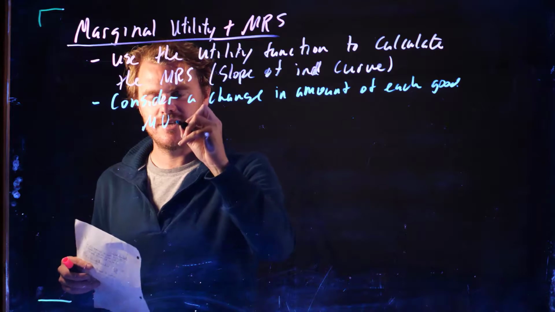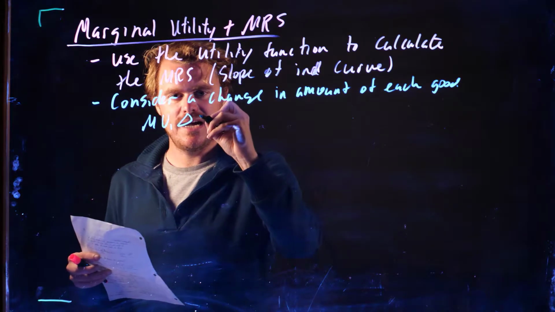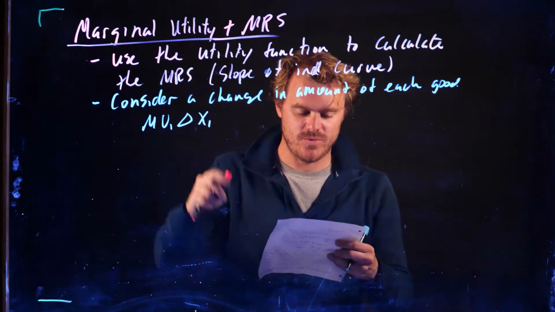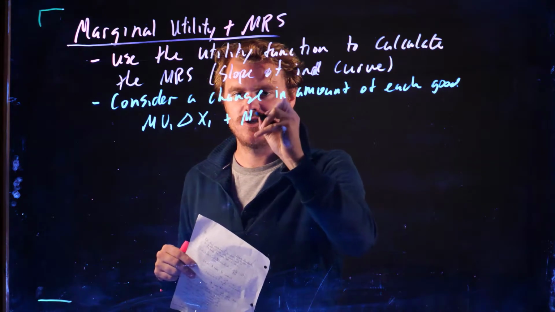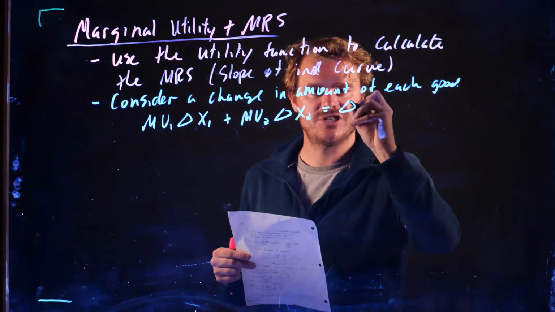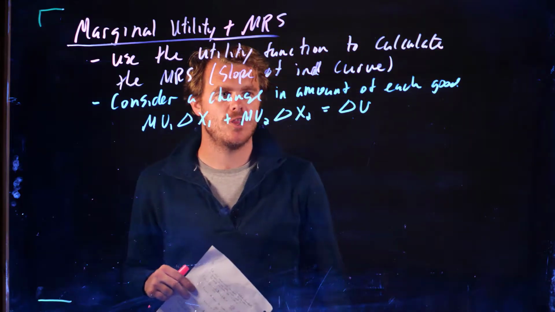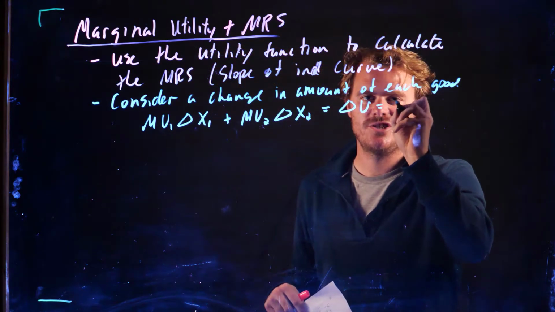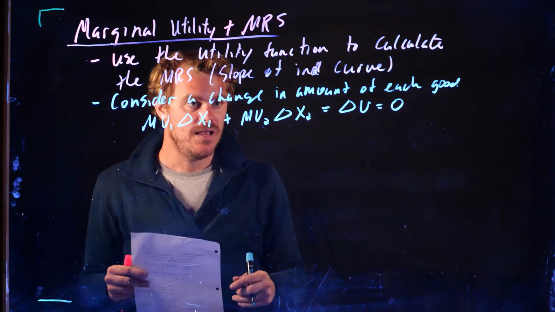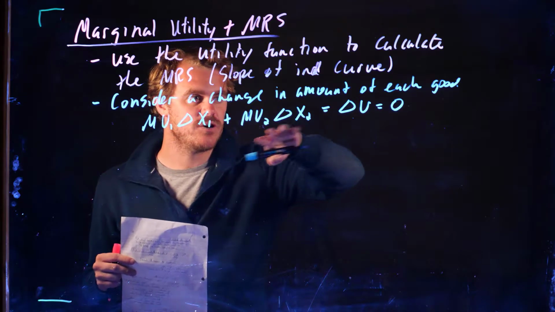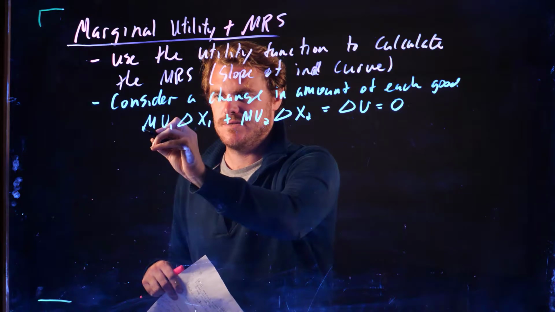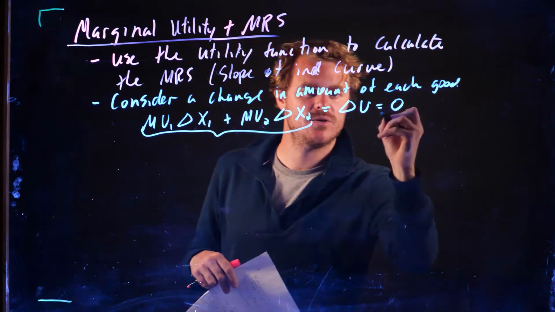The marginal utility of good 1 times the change in good 1 plus the marginal utility of good 2 times the change in good 2 equals the change in utility. If we're along the same indifference curve, that change in utility should be 0, right? So the change in utility is 0, so we have this equals 0, right?